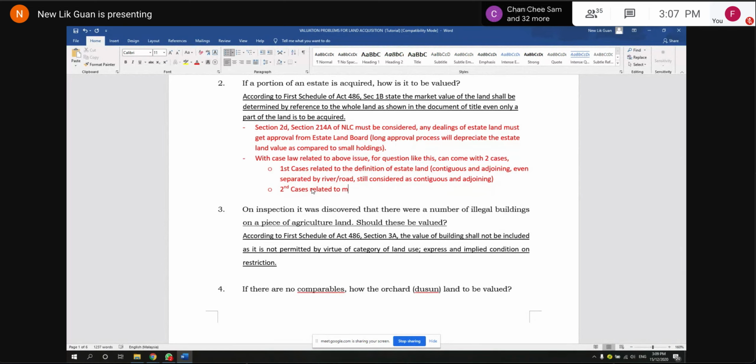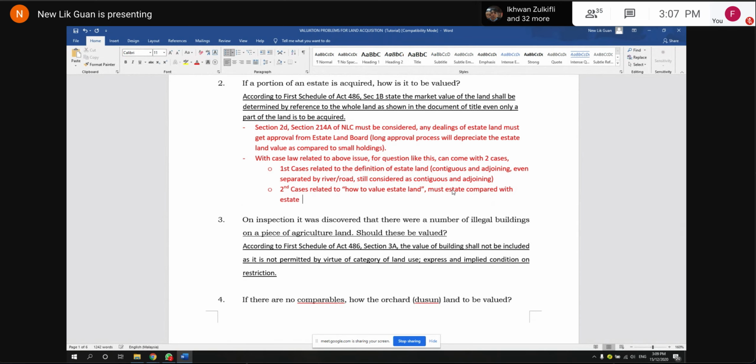How to value means an estate must be compared with an estate. That is what the other case mentions, related to how to value, since the comparable must also be an estate, it cannot be a smallholding. Okay, these two cases are enough.